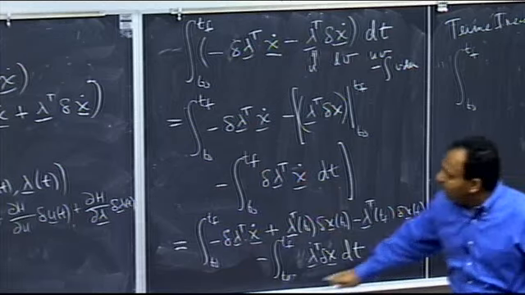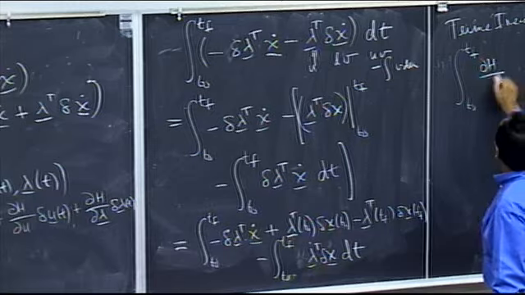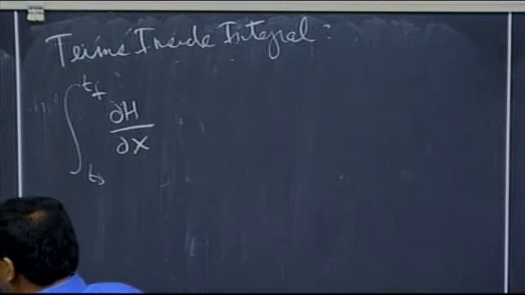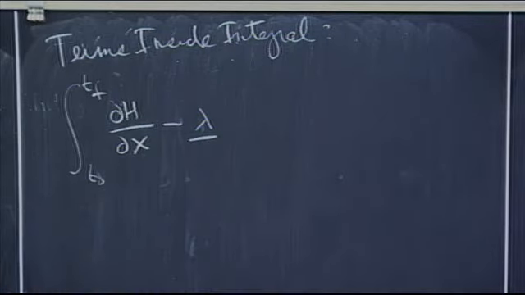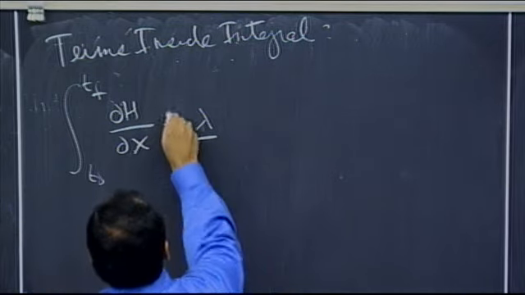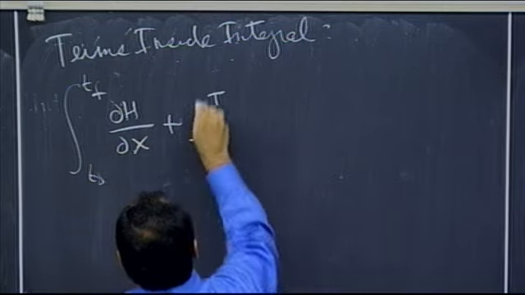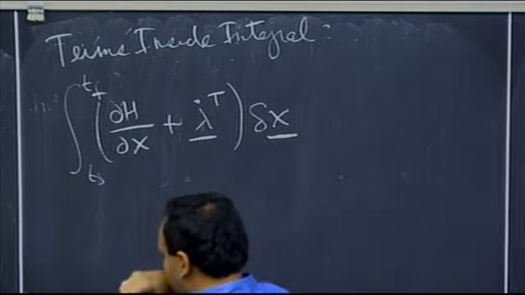So let's take the terms involving the variation in x. I get the partial of h with respect to x, and then I've got minus, this is a plus, that's a plus, because I'm putting it through the brackets here, plus lambda dot transpose, this whole thing times the variation in x. So that gives me the first term.